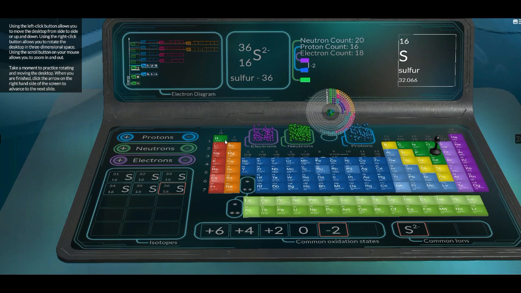Now let's go back. If we change the number of protons, we notice we're actually changing the chemical element. If we add neutrons, we're changing the isotope. Argon doesn't have any ions, so let's go to magnesium.